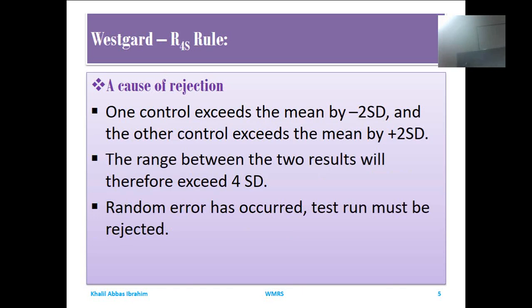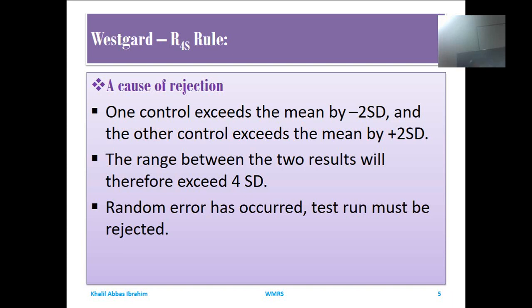Westgard rule R4S is also a cause of rejection. It is that one control exceeds the mean by plus 2 standard deviations, and the other control exceeds the mean by minus 2 standard deviations.